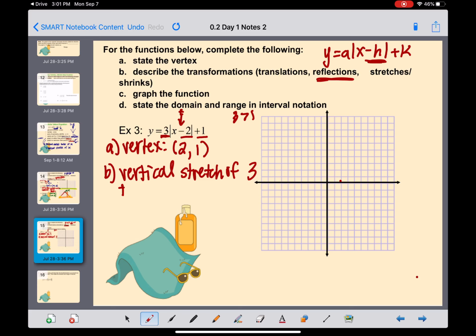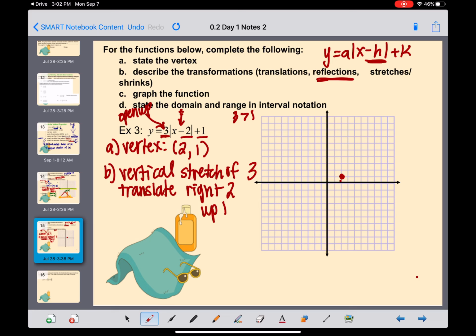And then I am going to translate. I'm going to go right 2 and up 1. That's where my vertex moves, so that's where every point has to move. So right 2 and up 1. Now, since there was no reflection, this is positive, so it's going to open up.